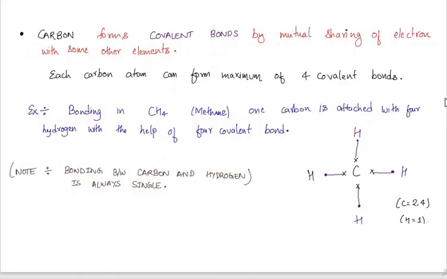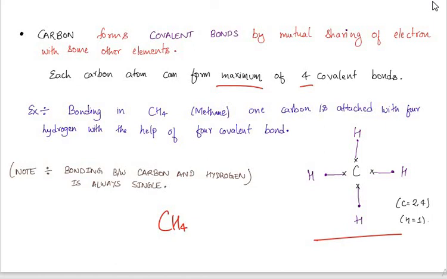Carbon always forms covalent bonds by mutual sharing of electrons, and since carbon is tetravalent, it has 4 valence electrons in its valence shell. So each carbon atom can form a maximum of 4 covalent bonds. See this example of the methane molecule. Methane is CH4.